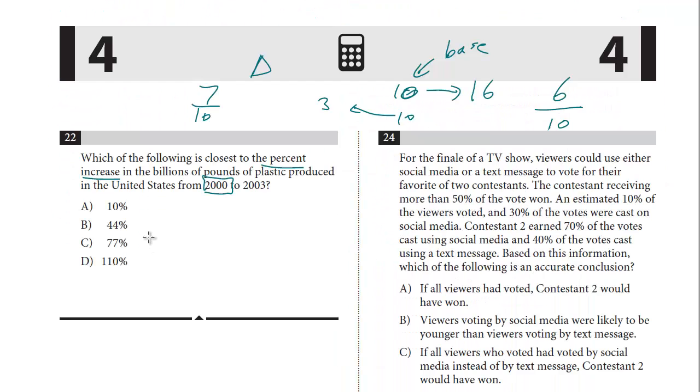We don't see 8%, but you see how it says the closest, and maybe we're off estimating the percent by 1 or 2, but it has to be 10. It's definitely not 44 or 77 or 110. 110 is the mistake I think a lot of students make because they put the 108 on the top. You put the difference. The answer is A.